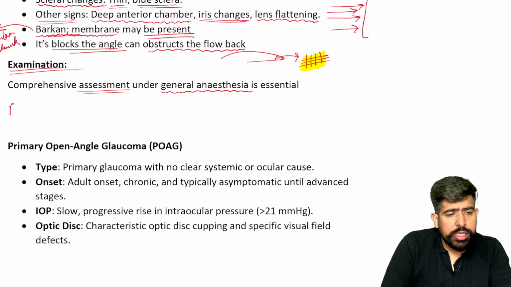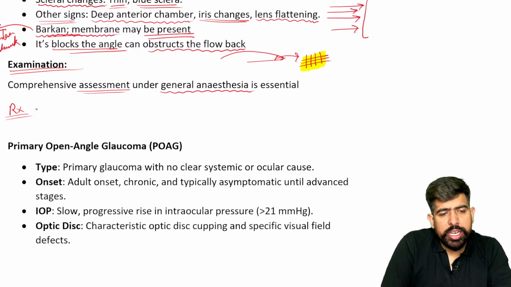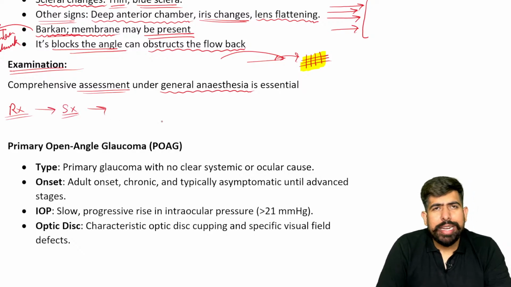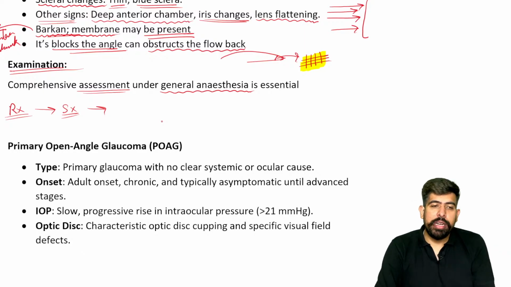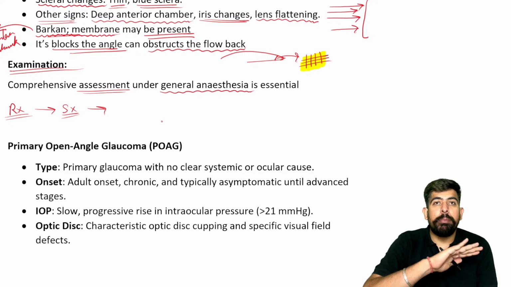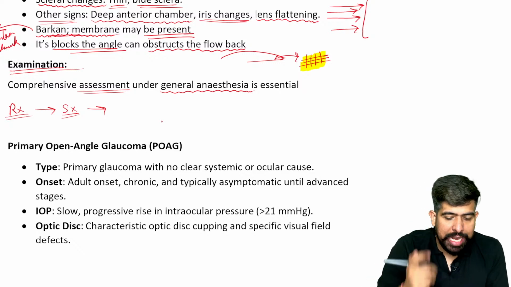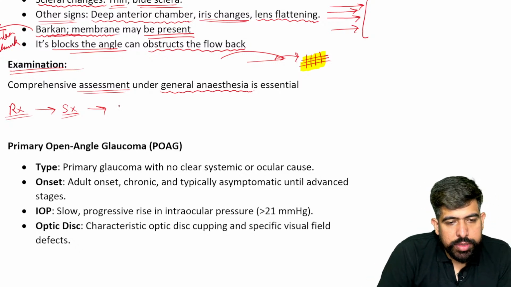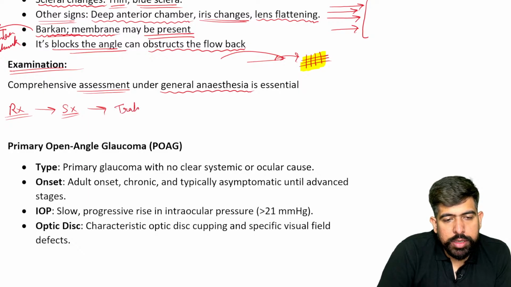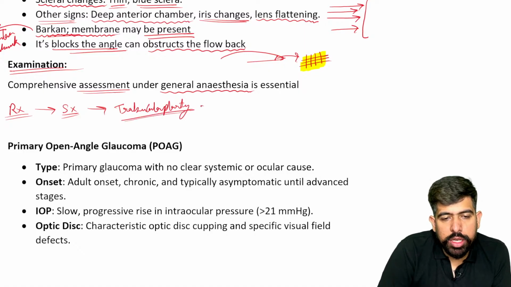Just talking about the treatment part, please remember that only surgical treatment is possible, right? In medical management we can give anti-glaucoma drugs, but they will not work because there is a membrane totally present over there. So that's why we have to do the trabeculoplasty, or we can do the trabeculotomy.